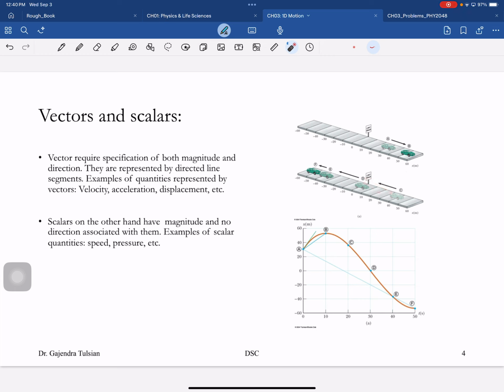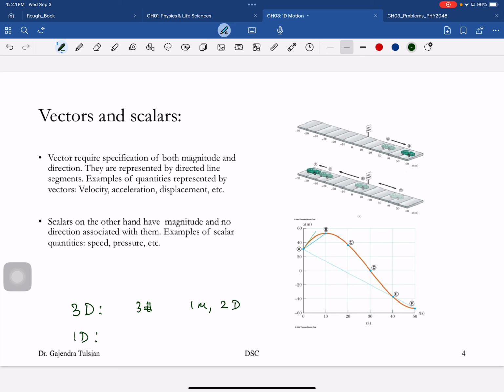So in fact, in one dimension, let me back up. In 3 dimensions, how many numbers do you need to specify a vector? 3. What are the 3 numbers needed for? One for magnitude and 2 for direction. Okay.